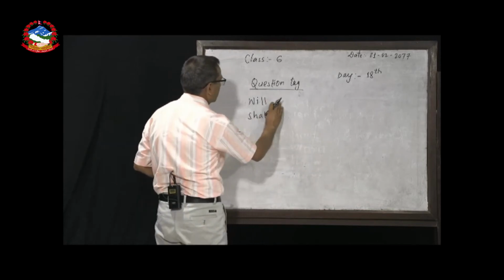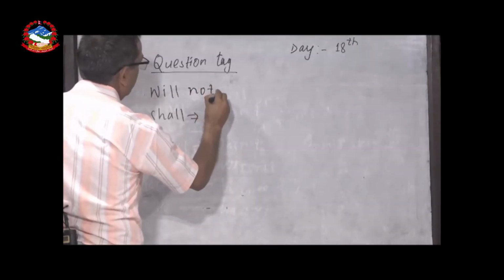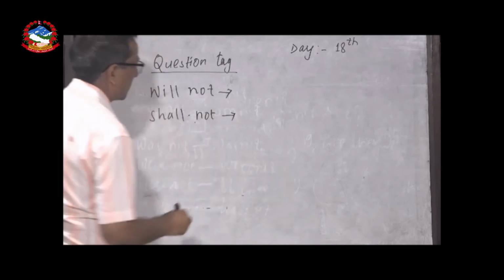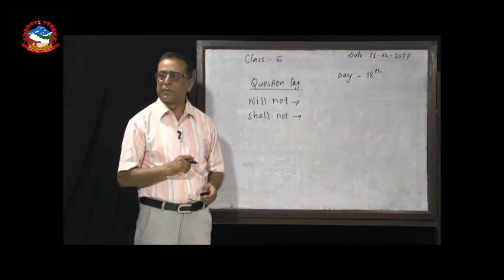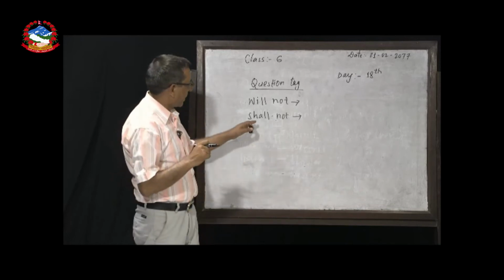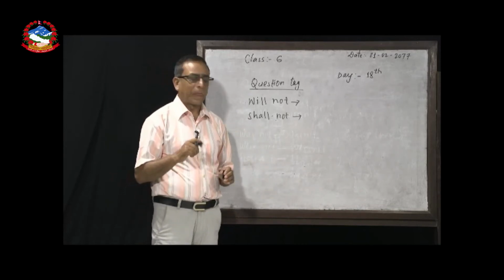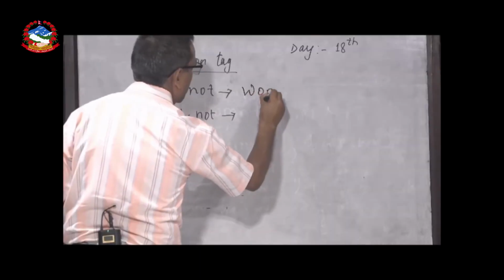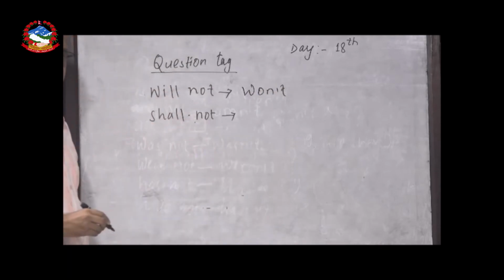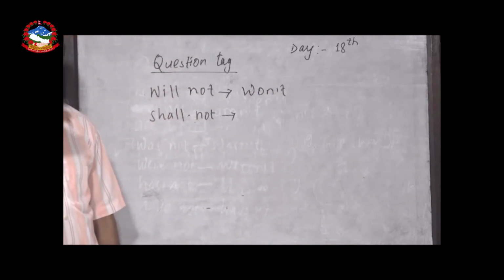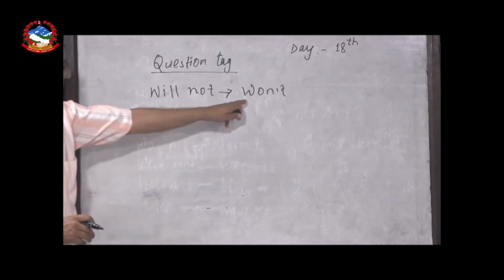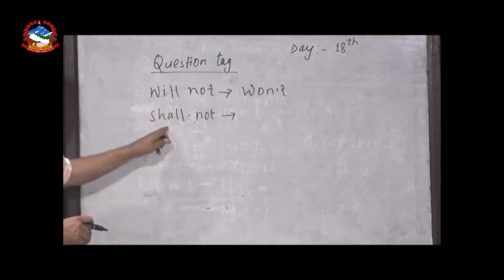Now see, will not and shall not. Always keep in your mind, you should not be confused. The subtracted form of "will not" is "won't," W-O-N apostrophe T. The word is completely changed. Will not changes into won't.